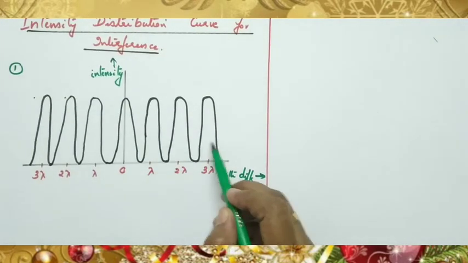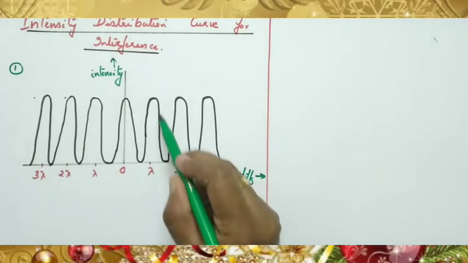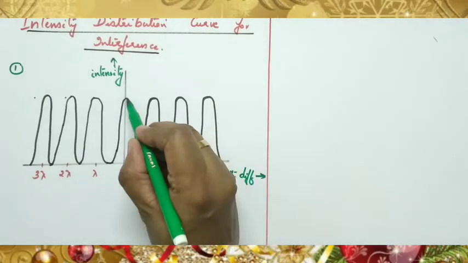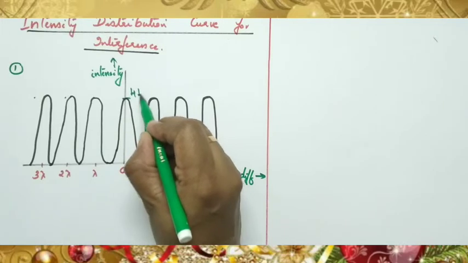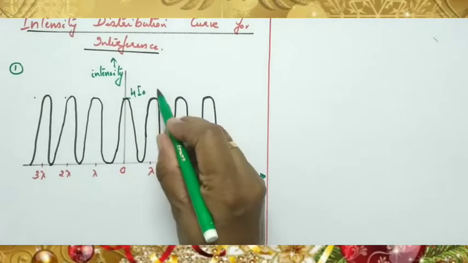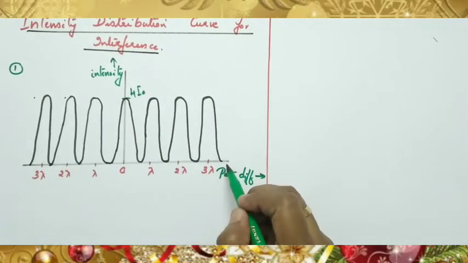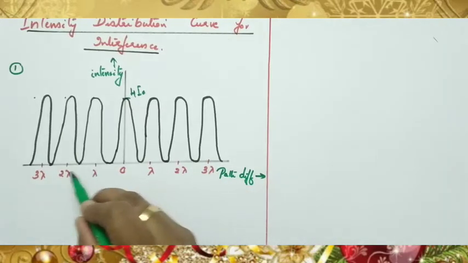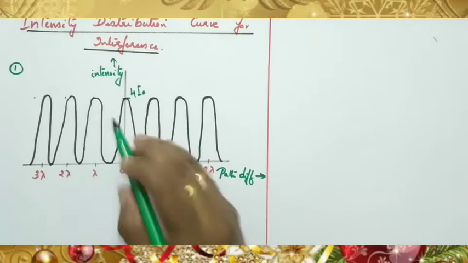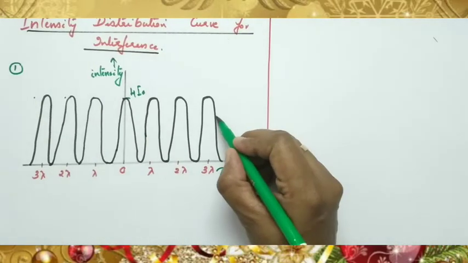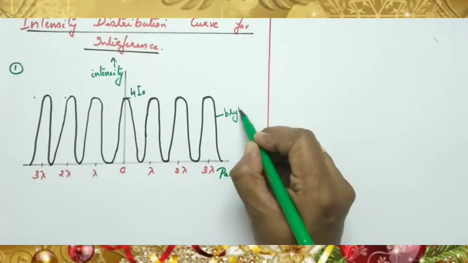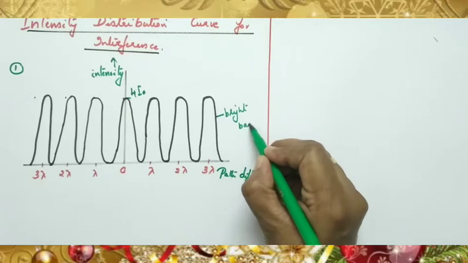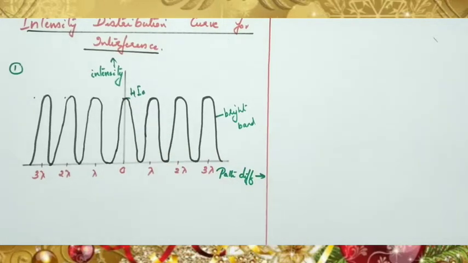These are all bright bands with a maximum intensity 4I0. At 1λ, 2λ, 3λ and 1λ, 2λ, 3λ on the other side, bright bands are formed, and the intensity is equal to 4I0.